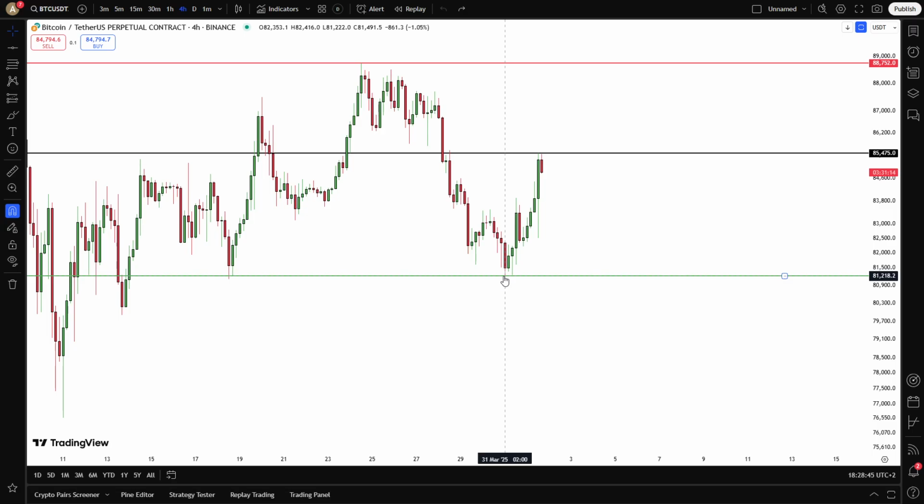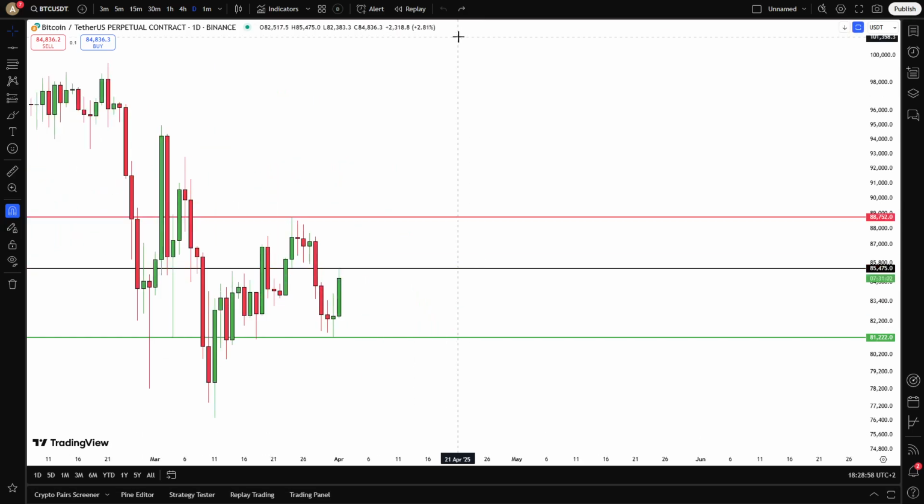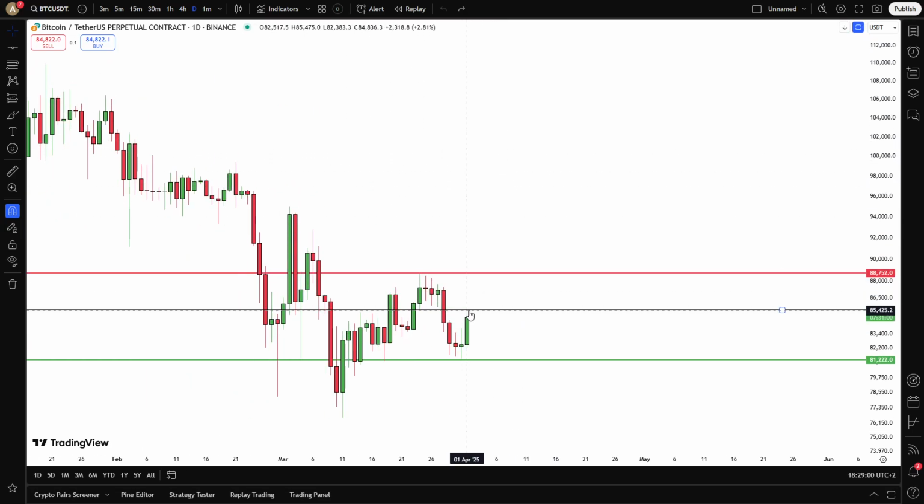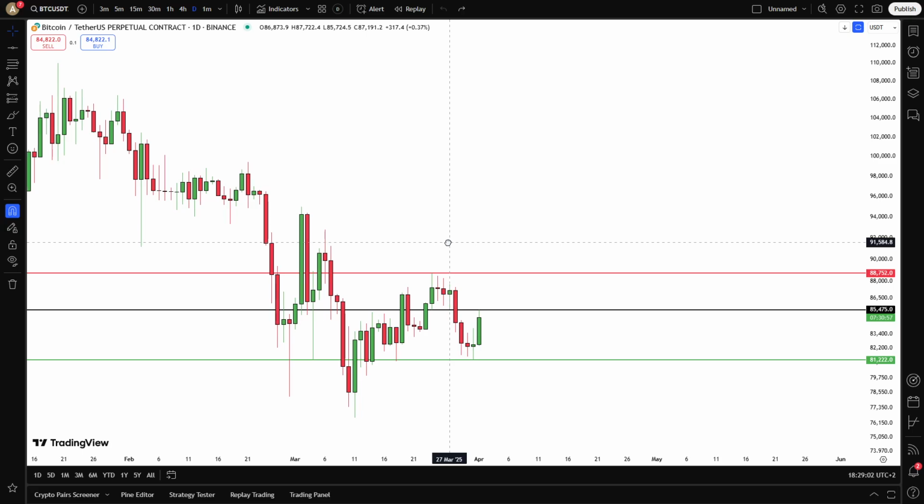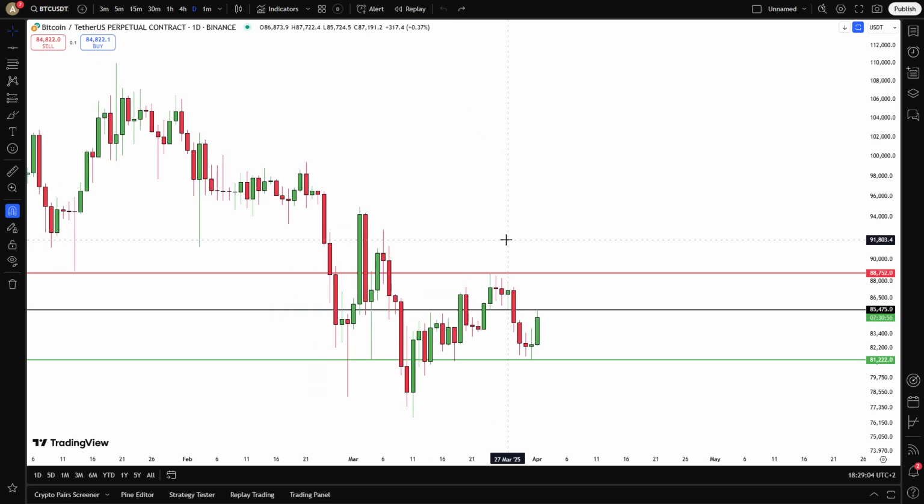This is where the breakdown happened. And we are currently trying to break up from this. So the thing you want to do with your levels is draw them and look towards the left. Did this level really get respected before?